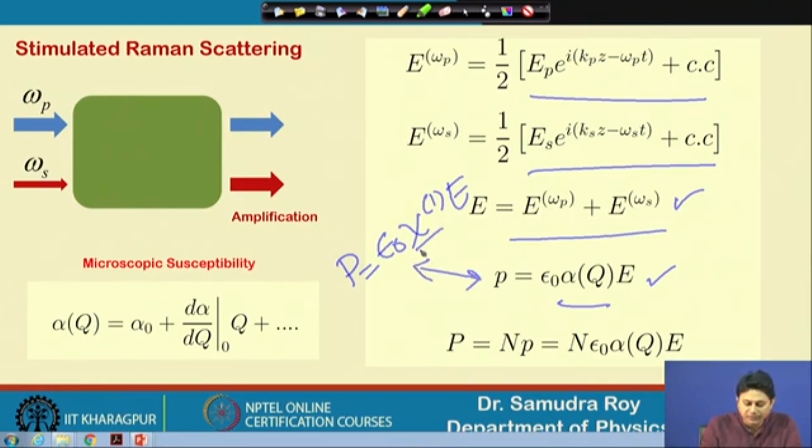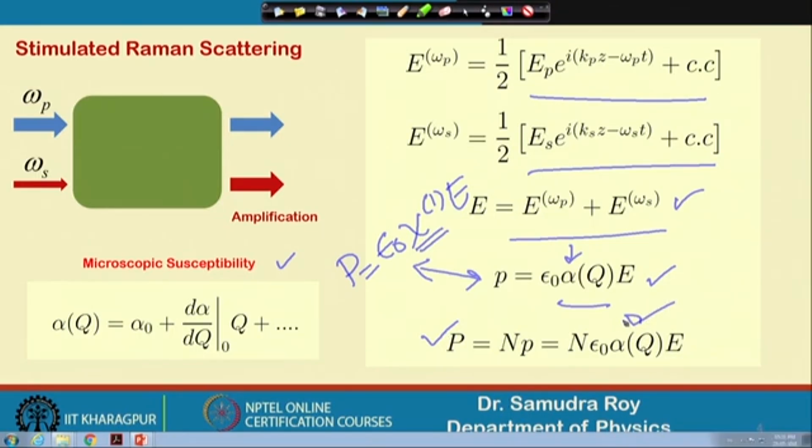Instead of χ, I am using a new term alpha, the microscopic susceptibility, because we are dealing with one molecule. The total polarization can also be figured out, as an approximation, by multiplying by the total number of dipoles or molecules per unit volume, and this microscopic susceptibility term is still a function of q.